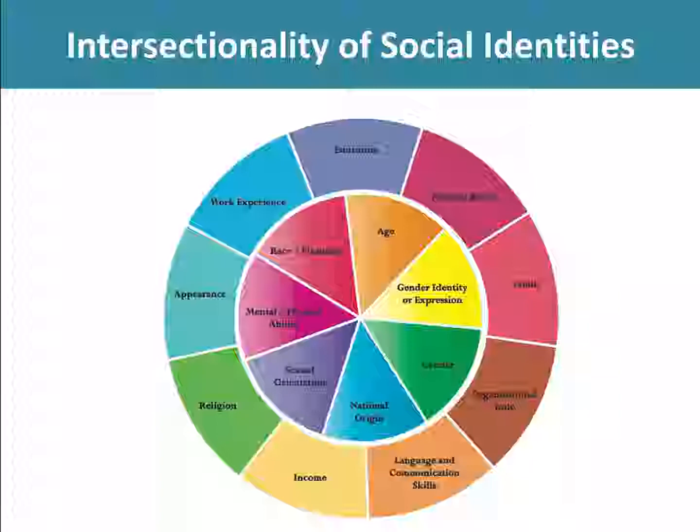As we think about ourselves, we have multiple identities, and those identities intersect. And depending on the context, one or more of the identities would be important to us. And also provide the basis from which others classify and categorize individuals with whom they encounter.